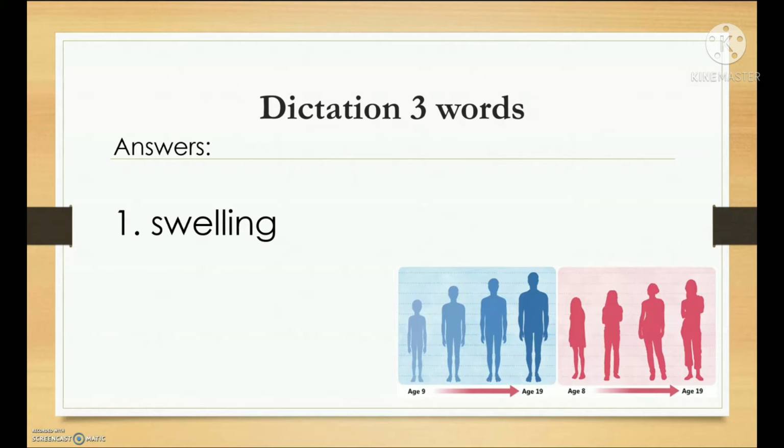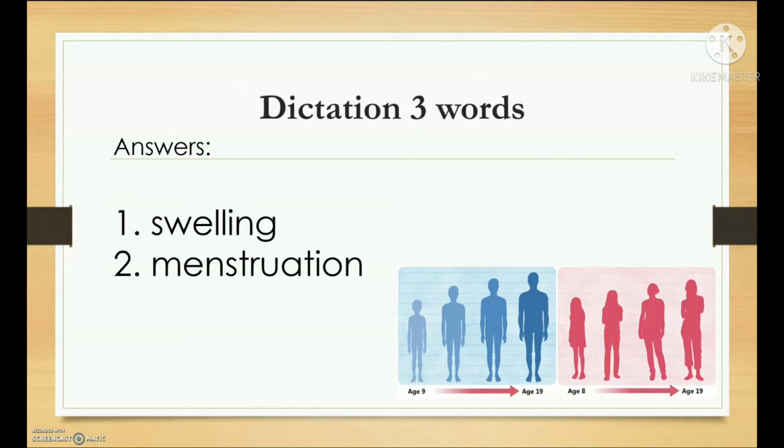Number 1. Swelling. S W E L L I N G. Swelling. Number 2. Menstruation.